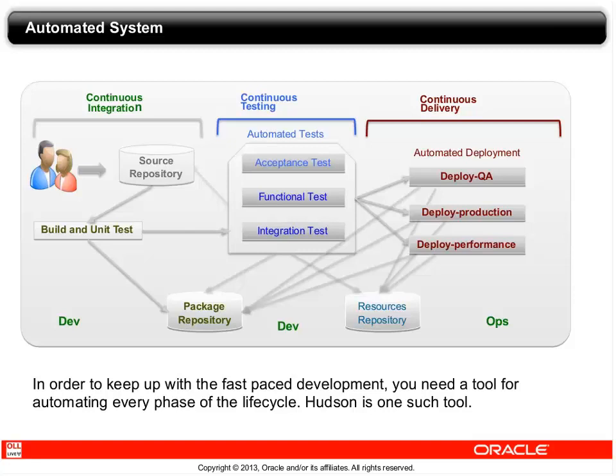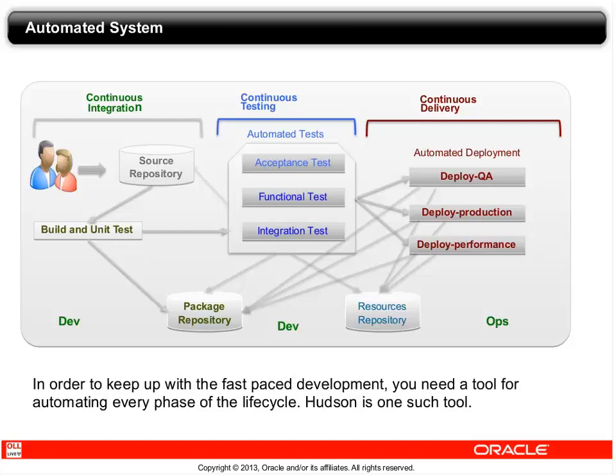So Hudson is used in an agile environment. There are so many other tools out there. Hudson is one of the popular tools available. If you divide the phases, there is an integration phase where the developer is developing and integrating the source code into the repository, and then we have the phase where the testing is happening, and then finally we have the phase where the product is delivered to the deployment environment.